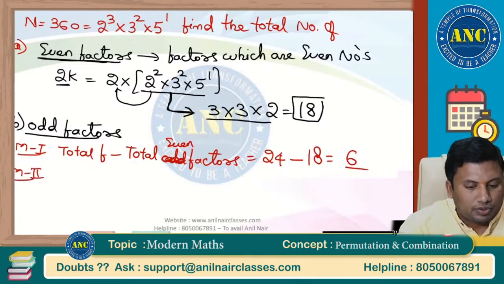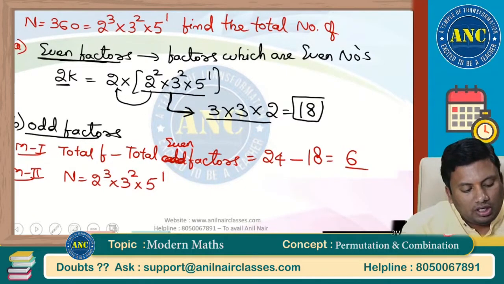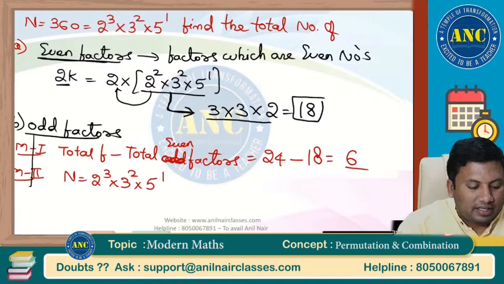Method number 2. The number that is given is 2 cube into 3 square into 5 power 1. Odd factors means factors which are odd numbers.